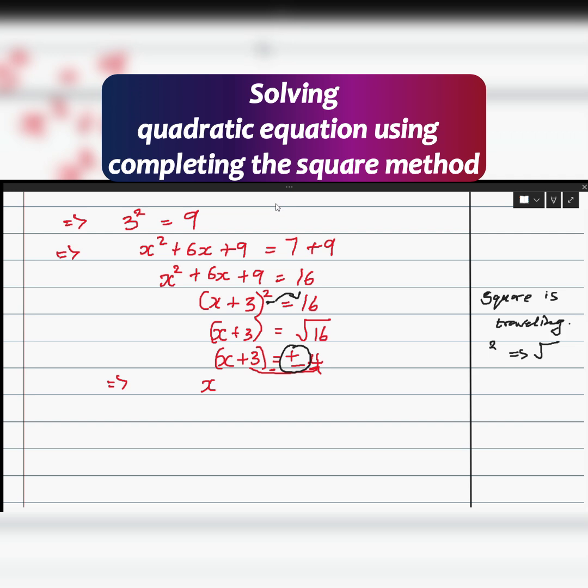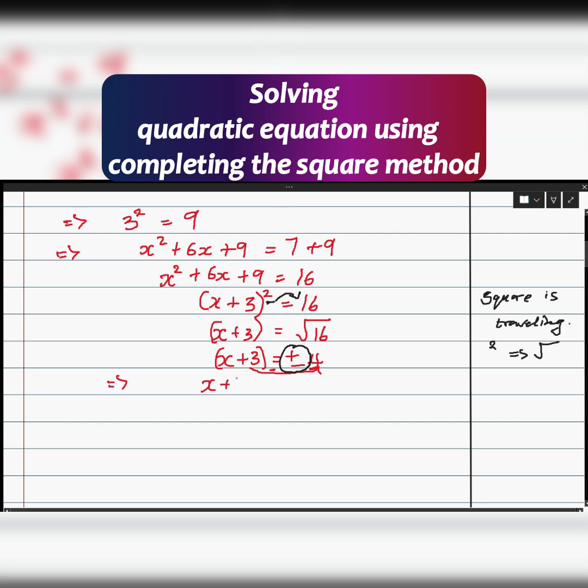So first I'm going to do x plus 3 equals positive 4, and x plus 3 equals negative 4. So it's just like I separate the plus or minus 4 into 2 parts, the plus 4 and the negative 4.